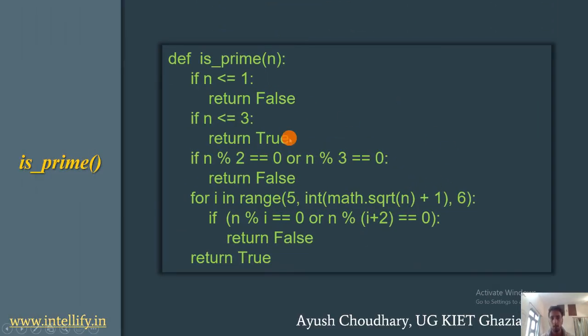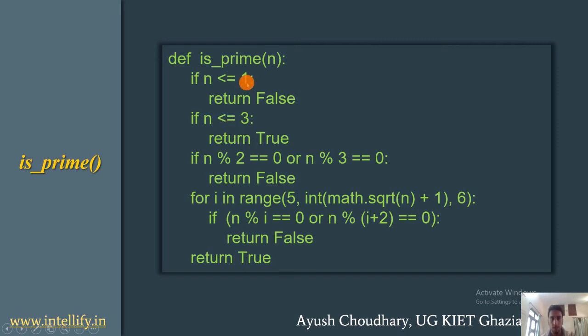And this is our main code, the main prime number function. Okay, let's see how it works. The very first line: if I enter any number less than or equal to 1, it won't be a prime number, so it will return false. Okay, after that it checks if a number is less than 3.